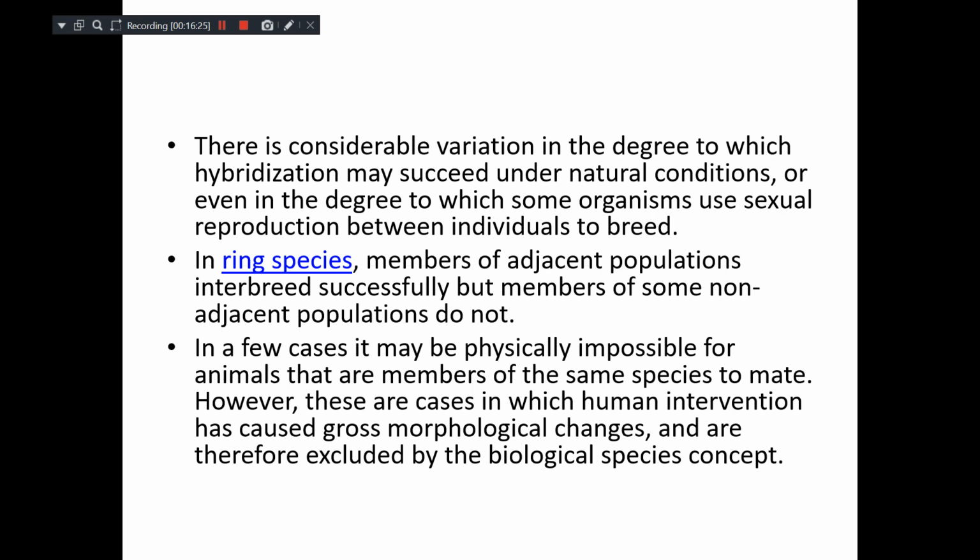The breeding season of one local area differs from another local area. Then whether they are able to reproduce, whether we call them the same species, but they cannot reproduce because of the difference in reproductive behavior.